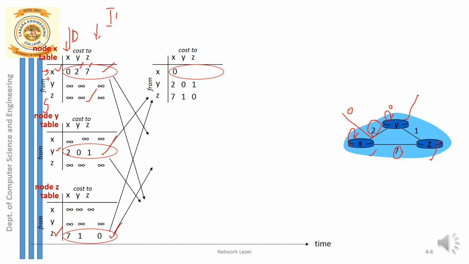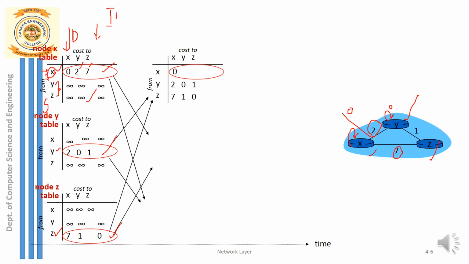Next, all the other values are set to infinity: y to x, y to y, and y to z. All the others you can call non-source nodes. This is the only source node that we are speaking about here.